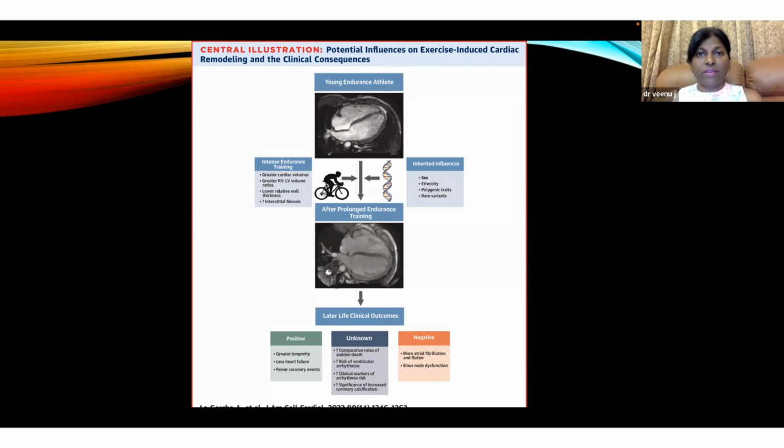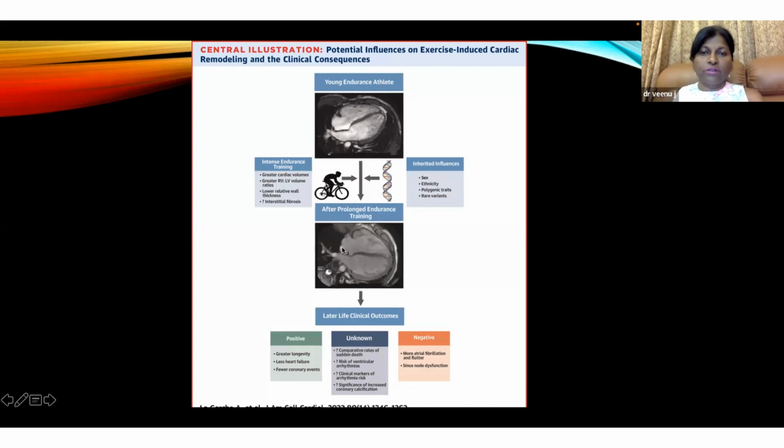Then polygenic traits. Let's say someone has an ACE gene defect or a nitric oxide synthase defect. These types of defects will predispose the person to develop remodeling much faster than other athletes at the same level or intensity of activity.